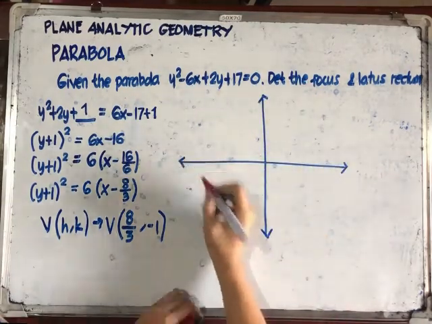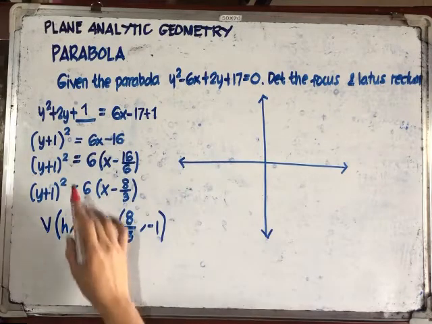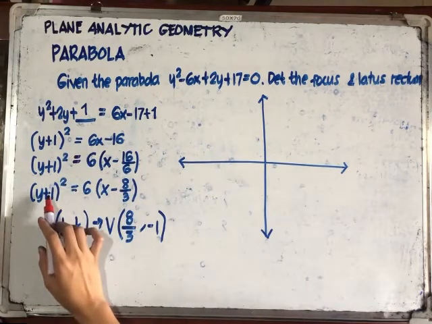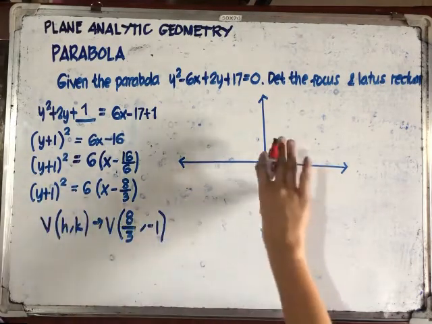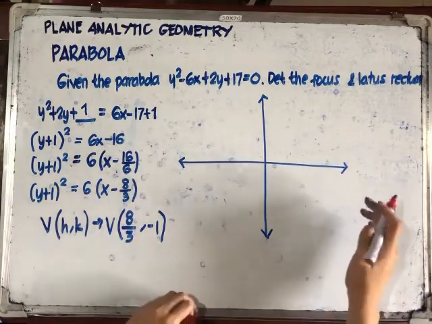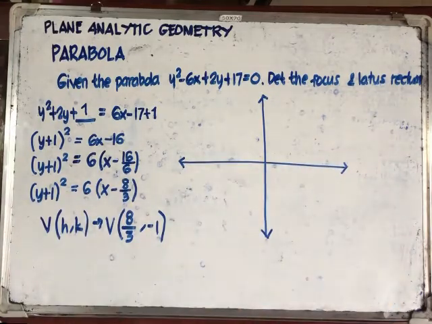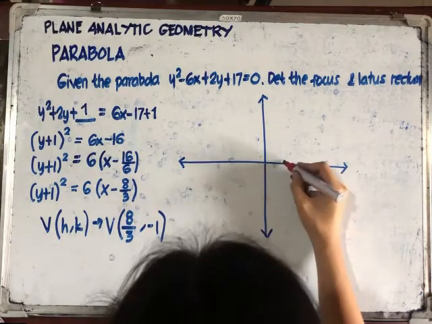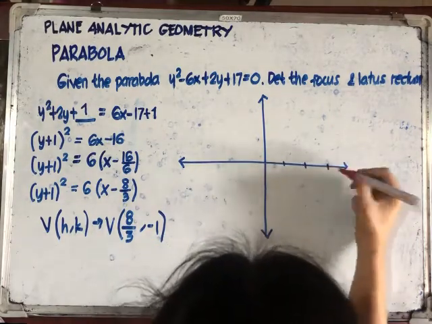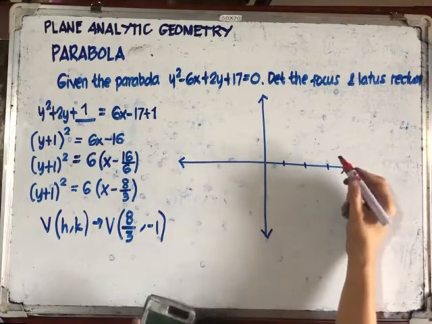ayan. Dinraw natin siya, since ang meron tayo dito is y squared. So, ibig sabihin, nandun tayo now, facing to the right tayo. Y squared. Tapos, meron tayong vertex na 8/3 kasi is 2.66. So, let's just have this as 1, 2, 3. So, 2.66.